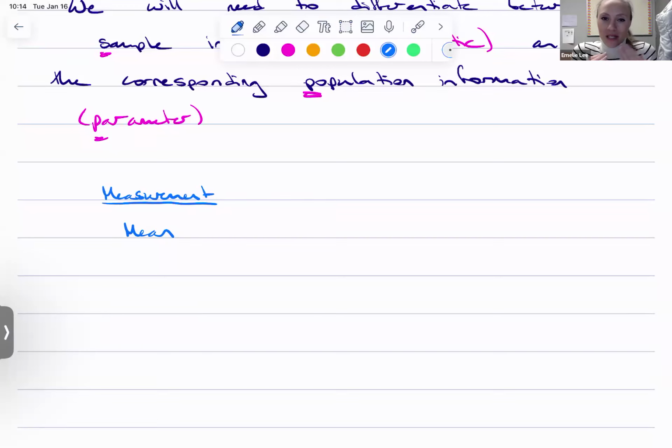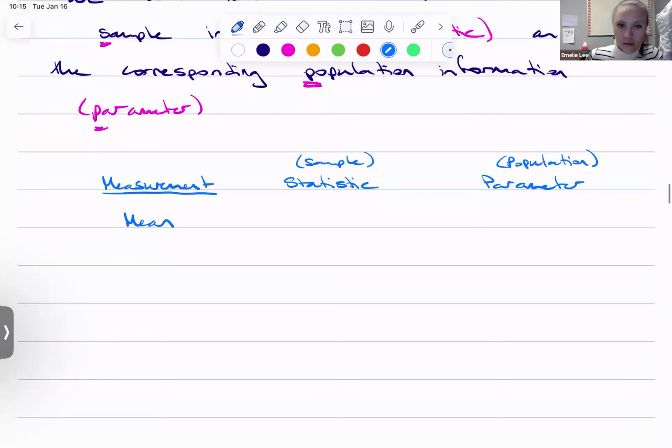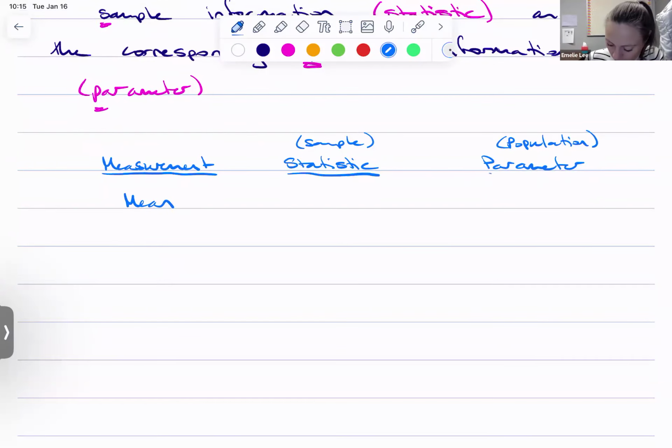Because there's going to be a sample mean, but we're trying to use that sample mean to learn about the population mean, right? And so now I've got a statistic, which is from the sample, versus the parameter, which is from the population. Okay. So we're going to need notation to differentiate between the two, right?